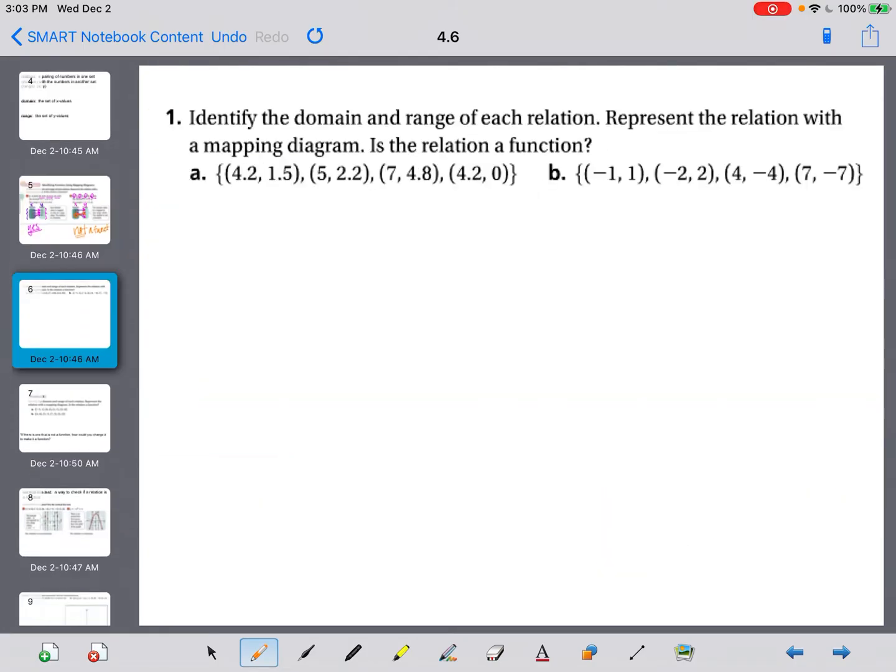All right, you're going to use that information to make a mapping diagram of each of these and then decide if they are a function or not. I'll do the first one with you and I'll let you do B on your own. First we're going to list our domains, which is our x values. I have two 4.2s, so I'm only going to list that once, then a 5, and then a 7.